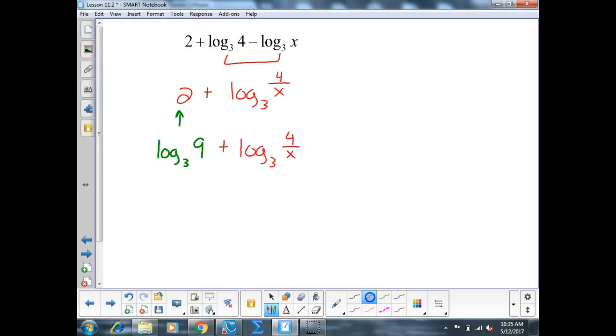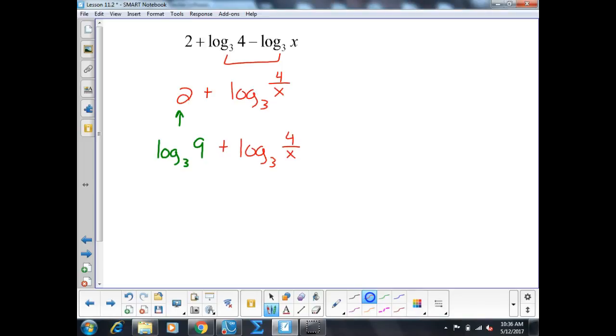Does that work? What exponent do I have to put on 3 to get 9? 2. So I can rewrite 2 as log base 3 of 9. Now what is it?